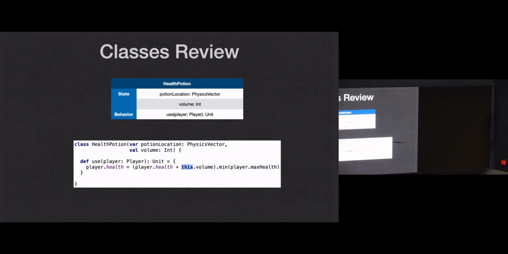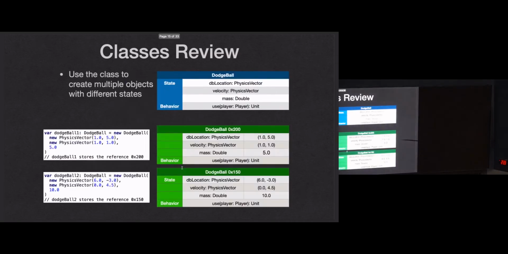This is a reference to an object of type health potion. I guess the only time you might call this referencing the class is when we're calling the constructor defined in the class. Then after that, we have a reference to an object.